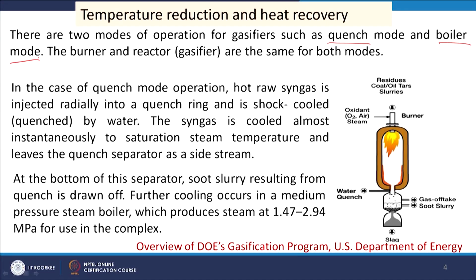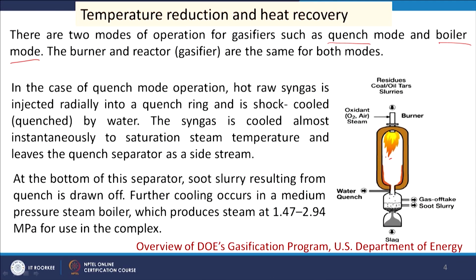Now, we will see how the syngas can be cooled. There are basically 2 modes of operation, one is quench mode and another is boiler mode. In both modes the reactor part is similar, but the difference is the cooling process.